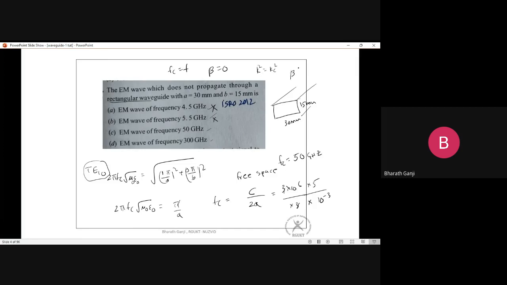Because beta square is nothing but k square minus kc square, when k and kc become exactly equal at cutoff frequency, your beta goes to 0. So there is no propagation at 50 gigahertz. It is not even attenuation; there is no propagation at all. So this frequency is not going to go. Only 300 gigahertz will propagate. So the answer is D. This is the 2012 question.